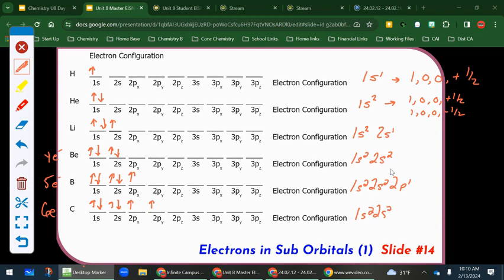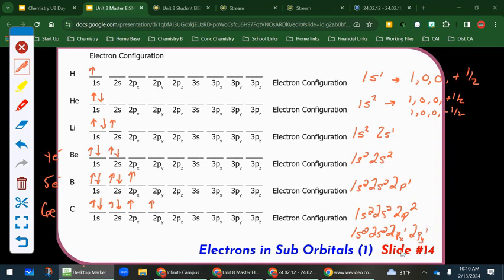How do we finish? 2p2. Now, technically, ladies and gentlemen, we're not going to get that technical.